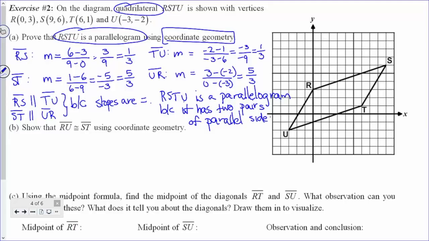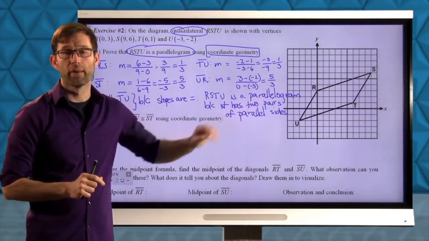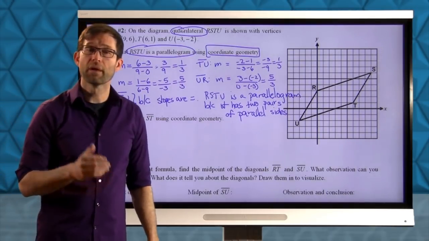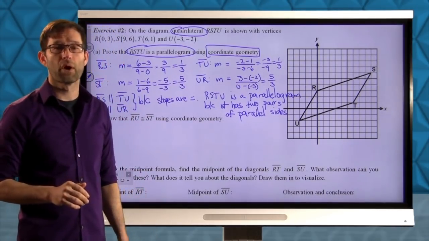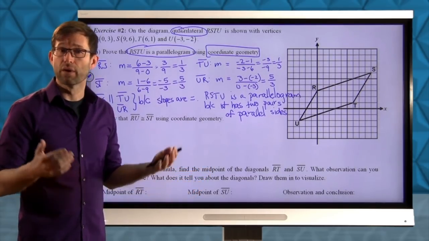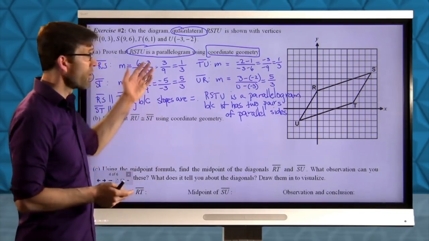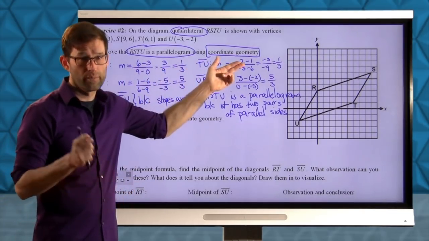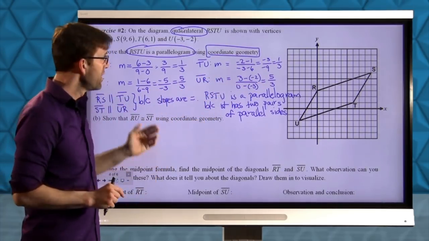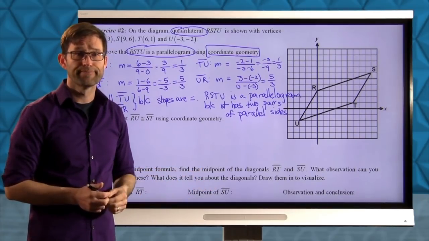Now, eventually, we'll see other ways to prove that a figure is a parallelogram in the coordinate plane. But this is the one I stick with the vast majority of times, because it follows the definition of what a parallelogram is. It's a 4-sided figure with 2 pairs of parallel sides. We know that parallelism occurs when 2 slopes are equal, so why not calculate all 4 slopes? These 2 slopes are equal, so parallel sides. These 2 slopes are equal, so parallel sides. Therefore, RSTU is a parallelogram because it has 2 pairs of parallel sides.